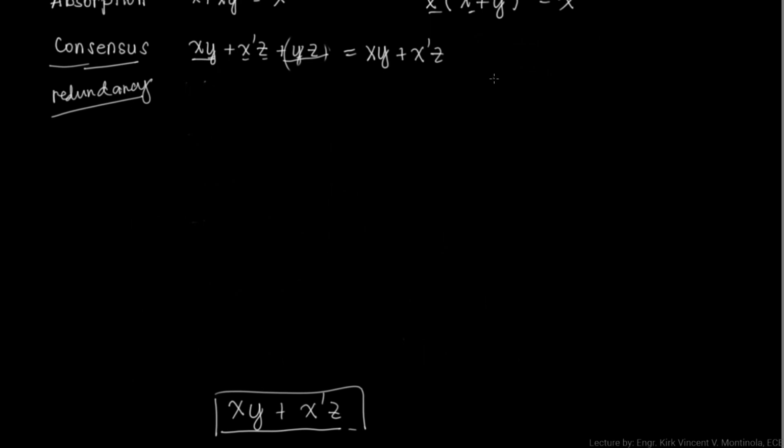And for the multiplication, if we have (x plus y) times (x prime plus z) times (y plus z), the result would drop the last factor. You can drop it because it would be redundant. The proof is the same as what we did earlier.